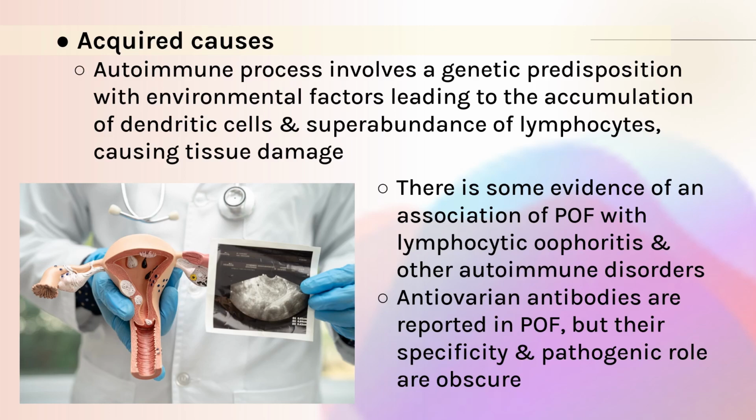Common acquired causes of this disruption of the HPO axis may include autoimmune factors, which may involve genetics or environmental factors. They can lead to an accumulation of dendritic cells and an excessive number of lymphocytes, resulting in tissue damage. Some evidence suggests an association between POF, or premature ovarian failure, and conditions such as lymphocytic uveitis and other autoimmune disorders.